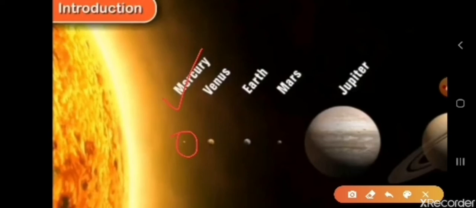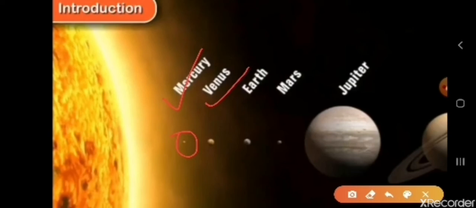Now, next we have Venus. Children, as you know, Venus is the hottest and brightest of all the planets. Children, if you look at the morning sky, you can see Venus in the morning, as well as in the evening.